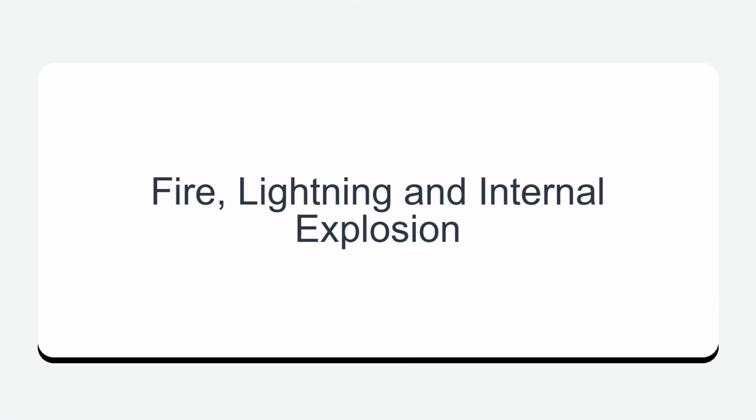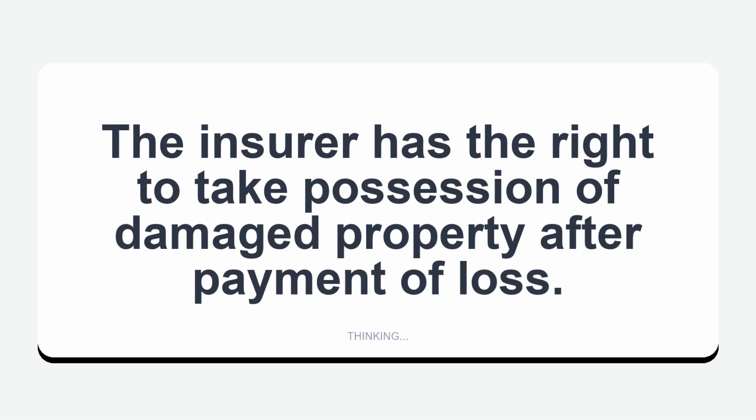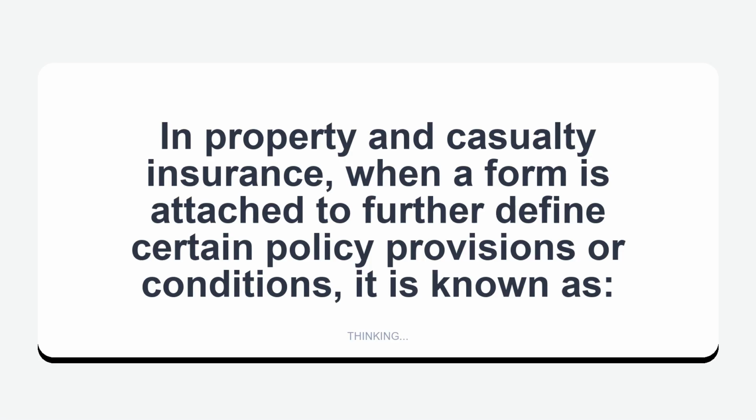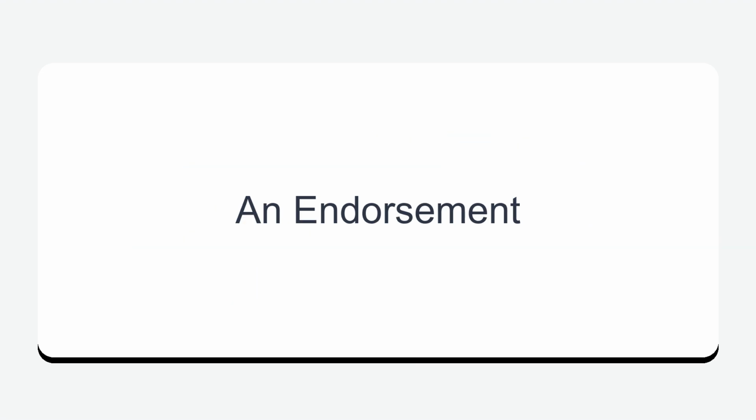Fire, lightning, and internal explosion. The insurer has the right to take possession of damaged property after payment of loss. True. In property and casualty insurance, when a form is attached to further define certain policy provisions or conditions, it is known as an endorsement.